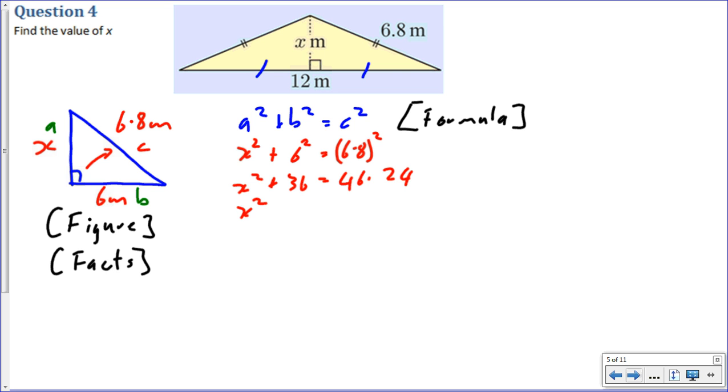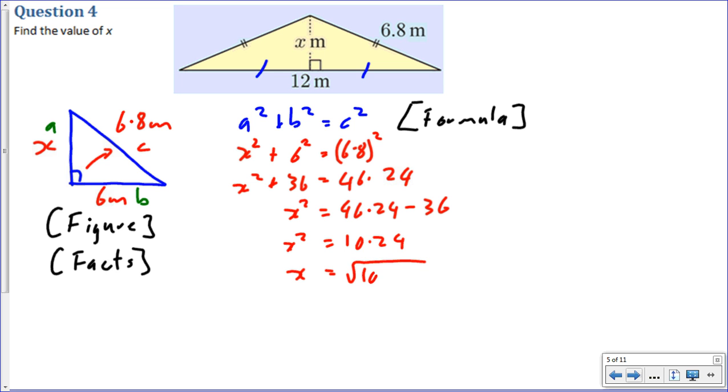So the opposite of adding 36 is taking 36: x squared equals 46.24 take 36, so x squared equals 10.24, so x is going to be square root 10.24. And when we look up the top, we see that it's meters, and all it has to do is find x. So I found x, so that's my fix-it section, and I'll put in here when I find it.